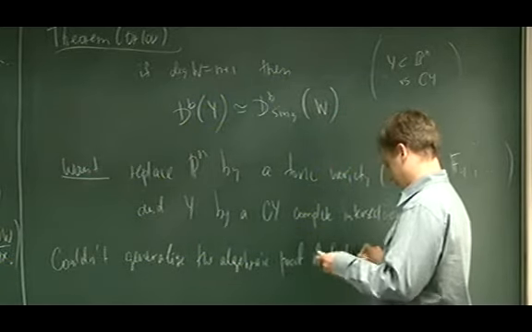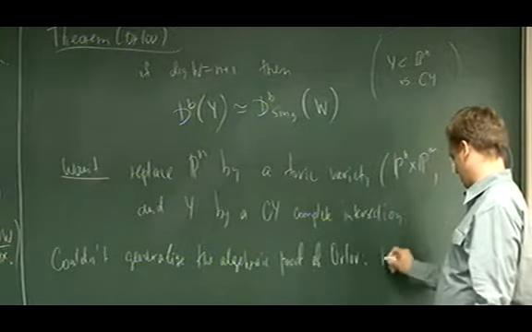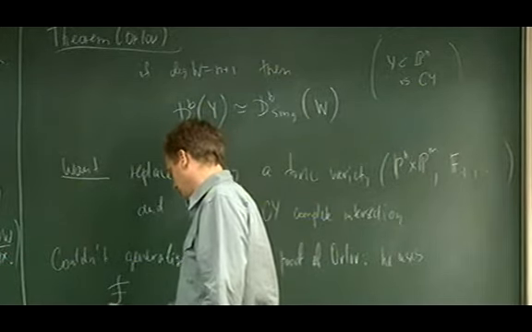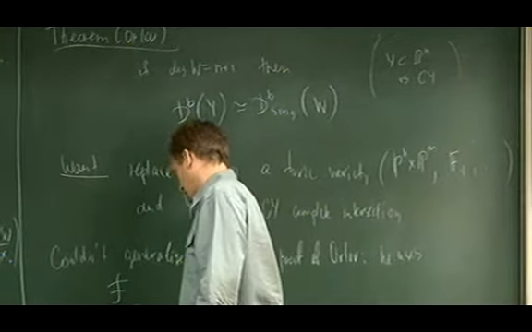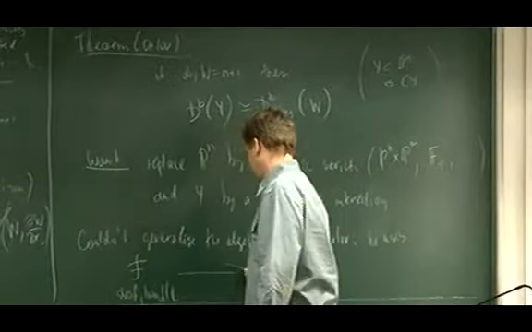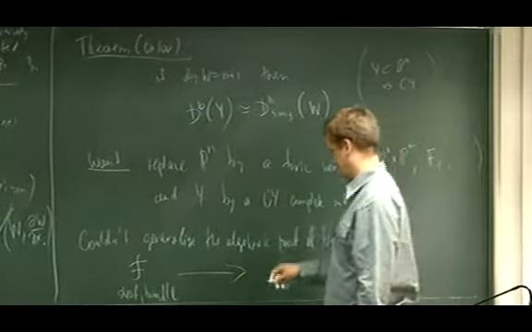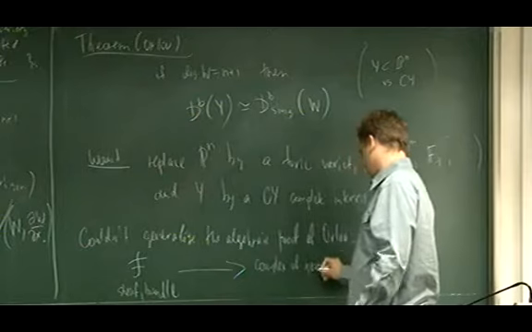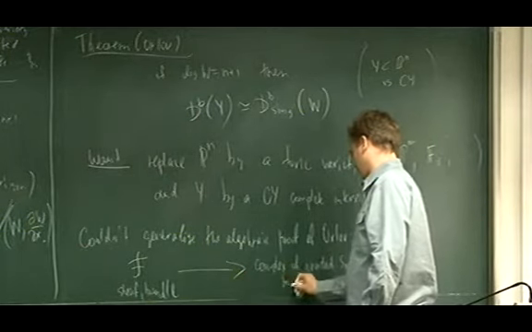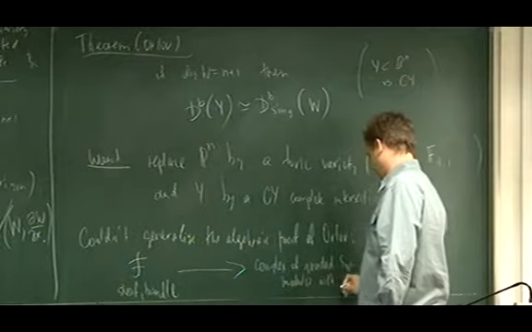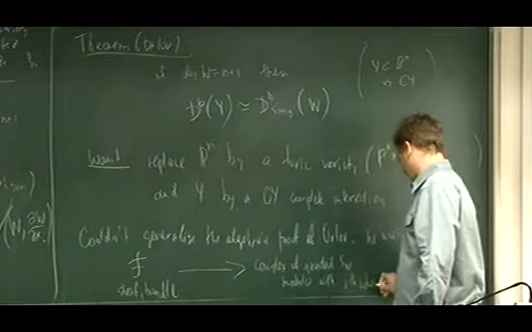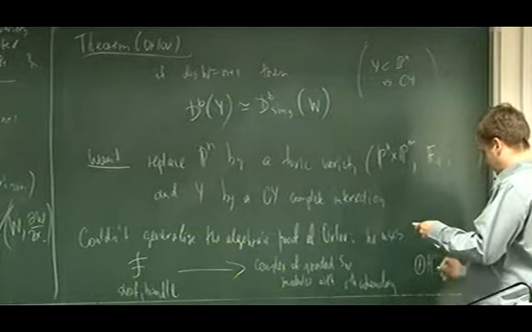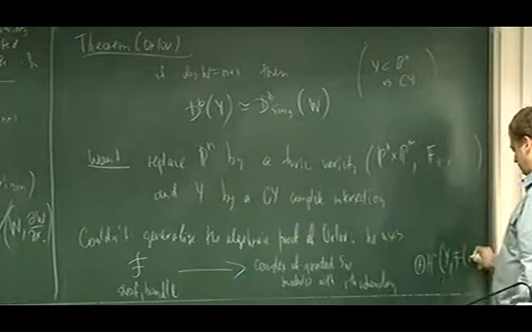So he uses the following functor. If you start with F, which is a sheaf or a bundle, in his paper he considers a certain functor which sends this sheaf to a complex of graded modules, graded SW modules, with ith cohomology given by the direct sum of Hi on Y of F twisted by n.